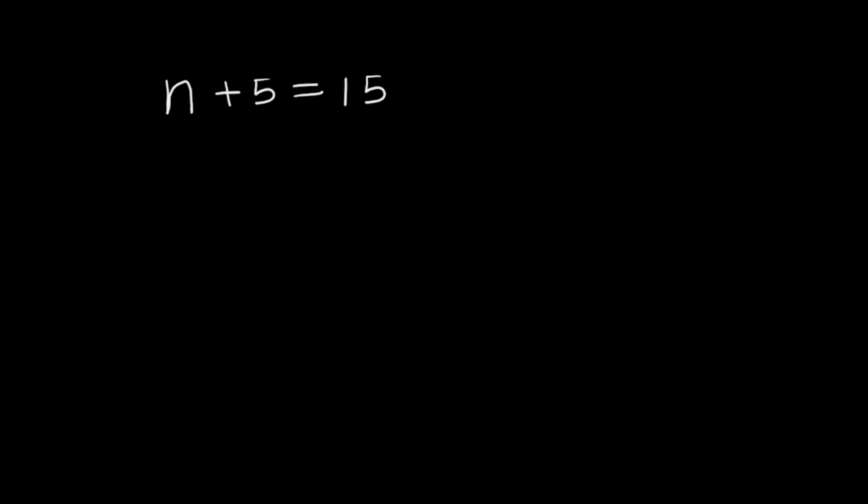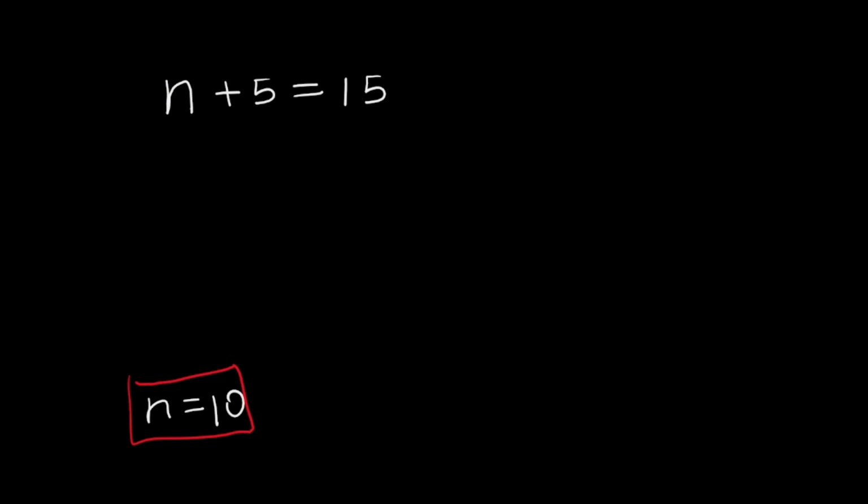Now let's move on, and let's say we had a number n that, when we added 5 to it, the answer is 15. Looking at this equation, we can tell that n will be 10. But we have to work in a step-by-step process.